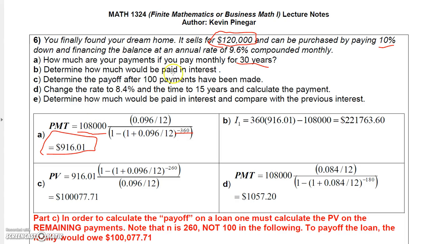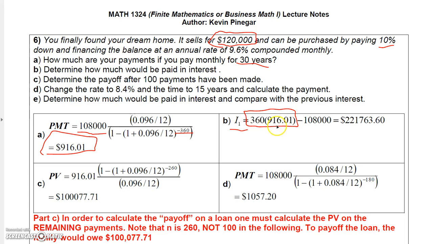B says how much would be paid in interest. Well, I'm going to call this I1 because I'm going to calculate another interest in a minute. So the amount of interest here is you're making 360 payments of 916.01. So this is what you would pay on the home if you continued making these payments over a 30-year period.